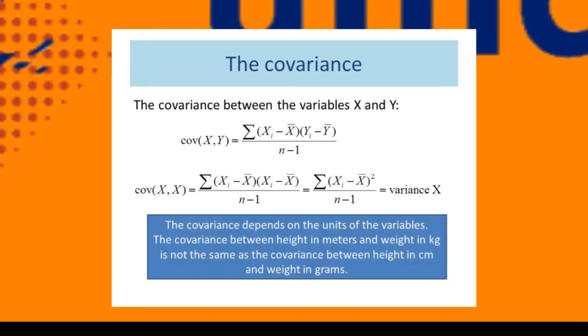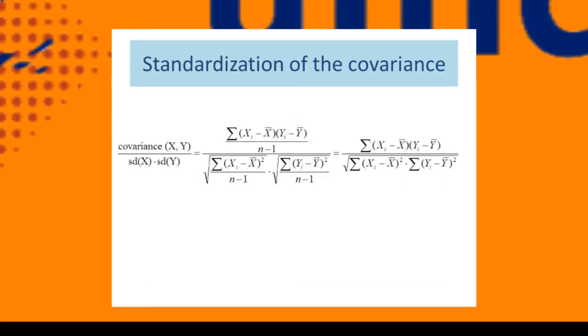Now the covariance depends on the units of the variables. If we will calculate the covariance between height and weight, we will find another number if we measure in meters and kilograms than if we measure in centimeters and grams. To overcome this problem, we can standardize the formula of the covariance.